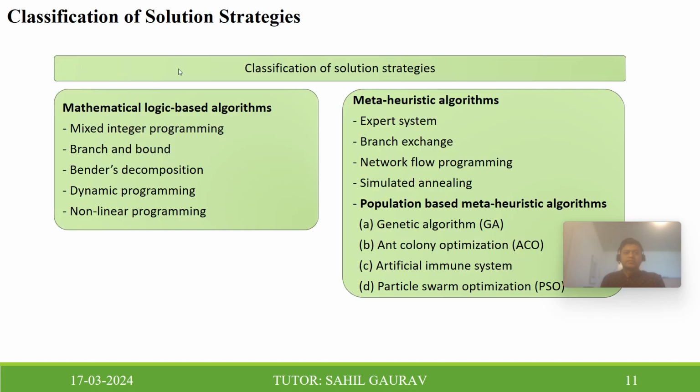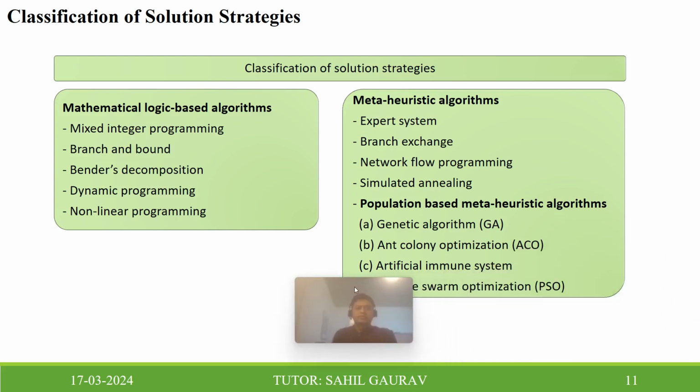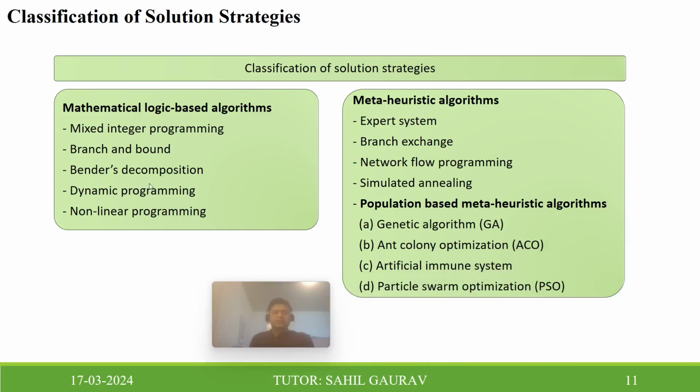There are different ways to solve the optimization problem, and you may divide the solution strategies into two types. One is mathematical logic based algorithms, that is deterministic logic based algorithms, and examples are mixed integer programming, branch and bound, Bender's decomposition, dynamic programming, nonlinear programming.